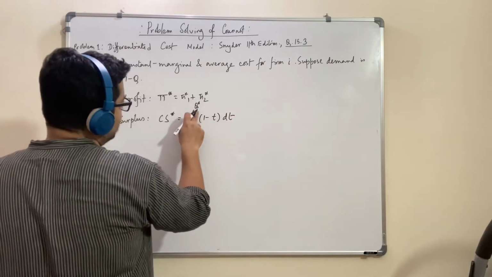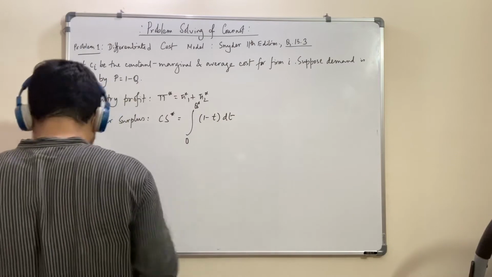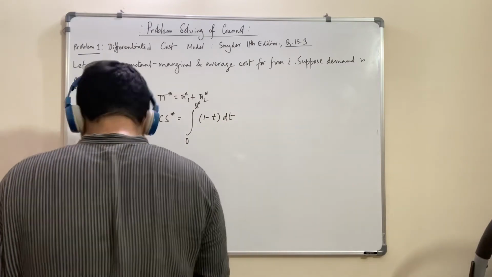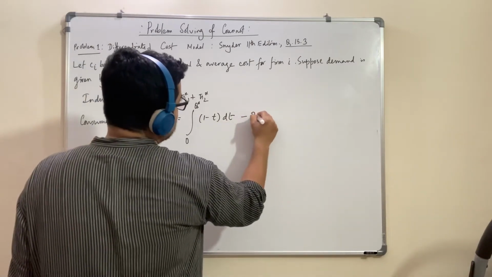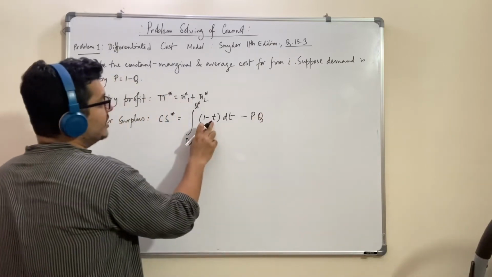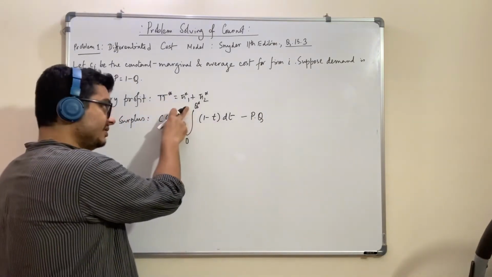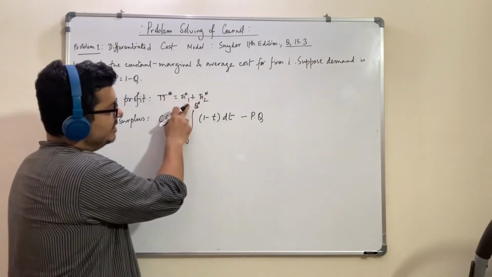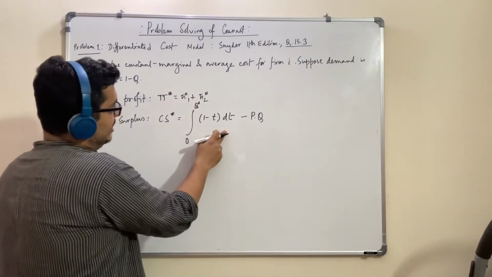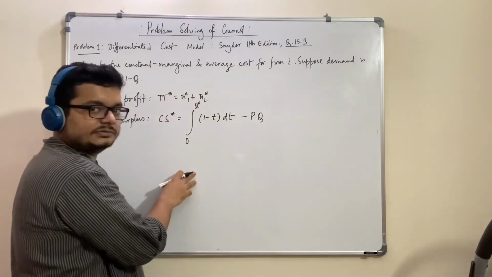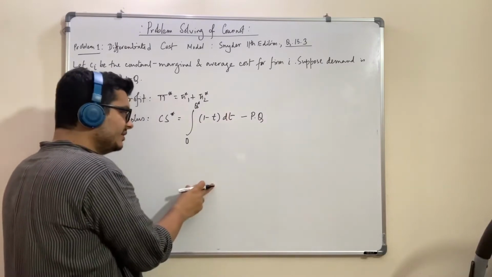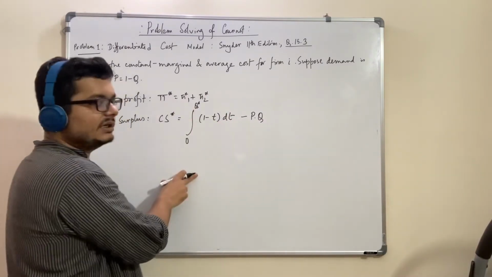Since we have used Q here, we cannot actually write (1 minus q) dq here. Okay, minus P into Q. Remember this, do not write Q here as you have already written Q star or Q. If you do that, this integration will be meaningless. Even if you are correct in calculating, the integration will be meaningless and you will get 0.